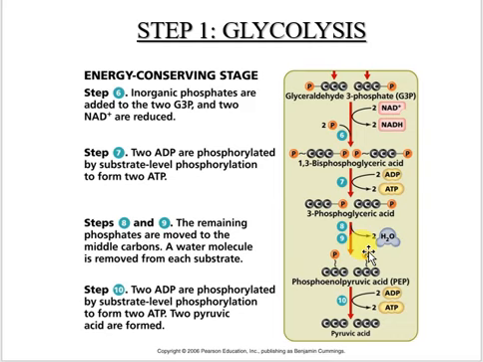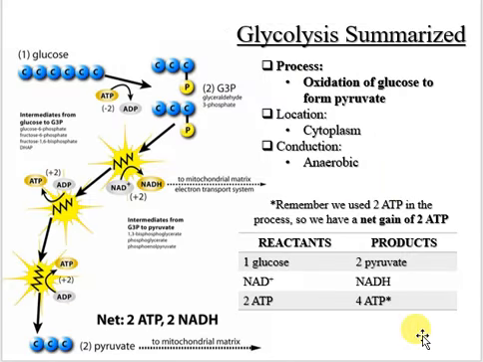So they're more high in energy, which allows them to be broken off or cleaved to release energy that again is used to fuel the substrate level phosphorylation of another 2 ATP molecules. And what you're left with is 2 molecules of pyruvic acid.